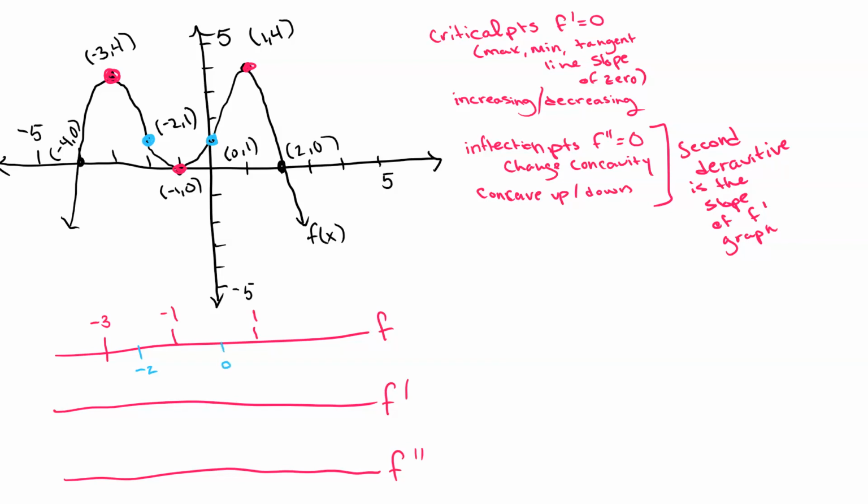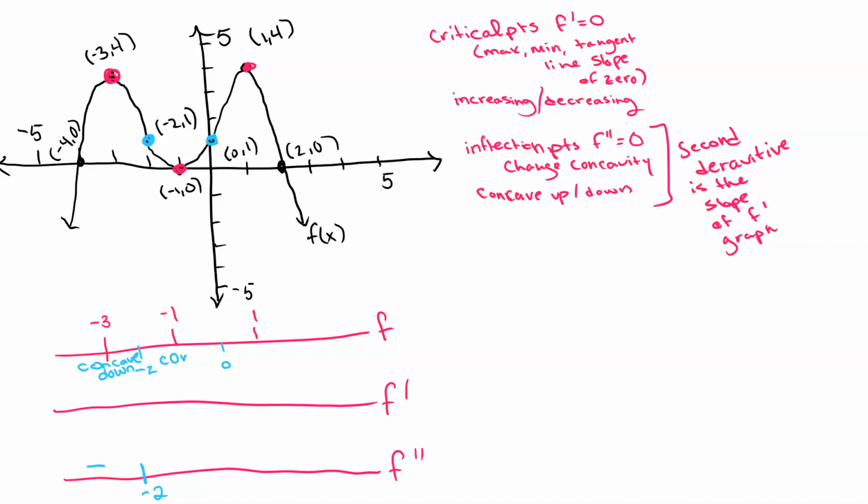So now let's look at concave up and down. We're concave down from -infinity all the way until -2. Right. These inflection points are where my second derivative equals 0. So I'm going to transfer that down to my second derivative, and the concave down means my second derivative is going to be negative.